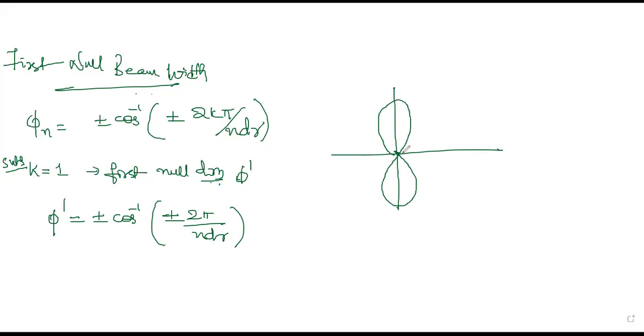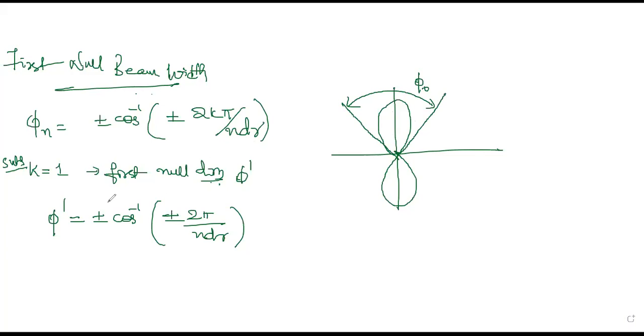The electric field will be 0 where your direction will come somewhere here. So this is actually a first null direction. The half power point will come on the major lobe. So I'll consider this first null beam width as phi naught. Here phi naught is the first null beam width and phi dash is the first null direction.